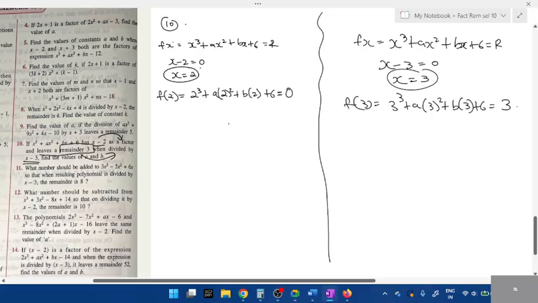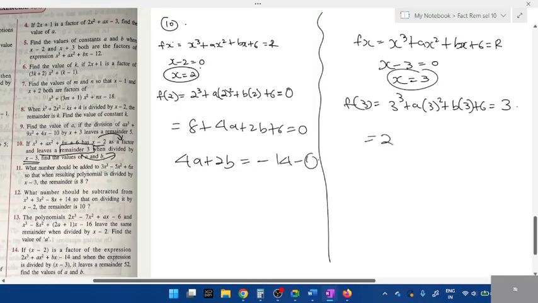Okay, so if you solve this, you'll get the first equation. Same like yesterday, we did one question like this. So 8 plus 4a plus 2b plus 6 is equal to 0. 4a plus 2b, 8 plus 6 is 14. Plus 14 goes to the other side, minus 14. Equation 1.